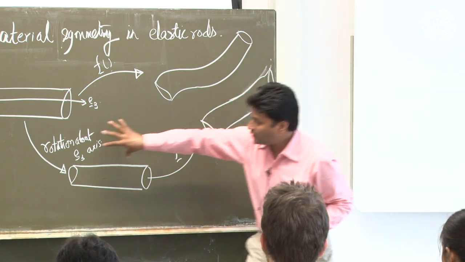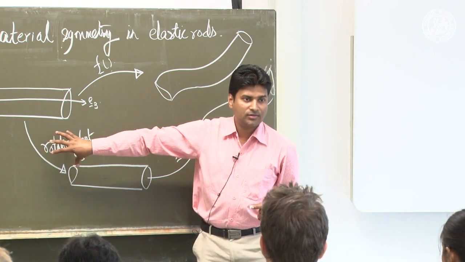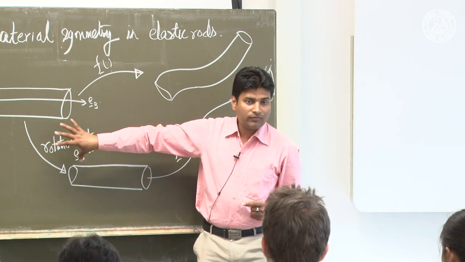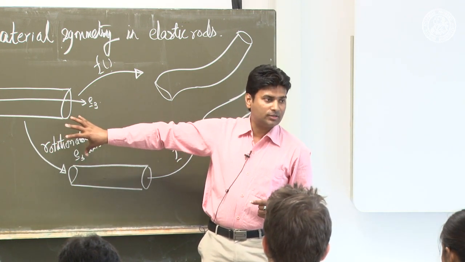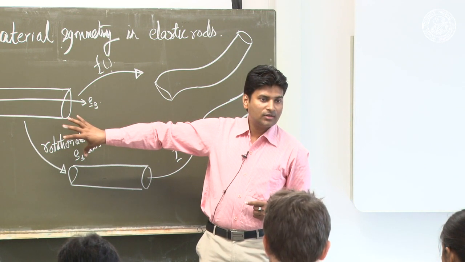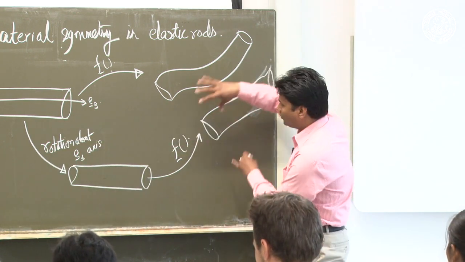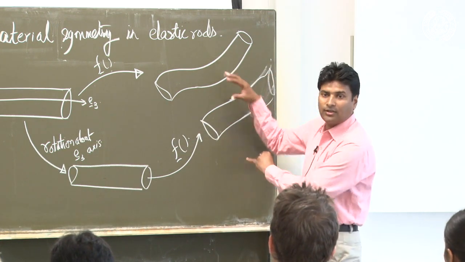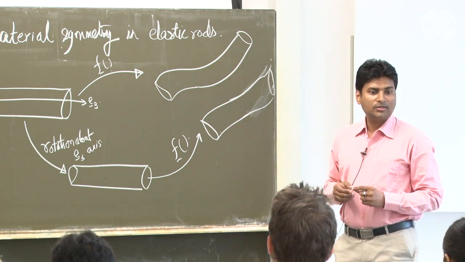And if the pre-rotation that's being done here is in the symmetry group of the material, then it turns out that the two energies here are the same, isn't it?